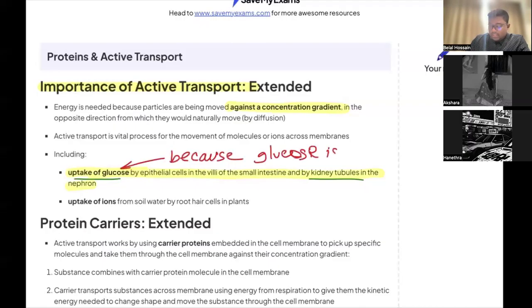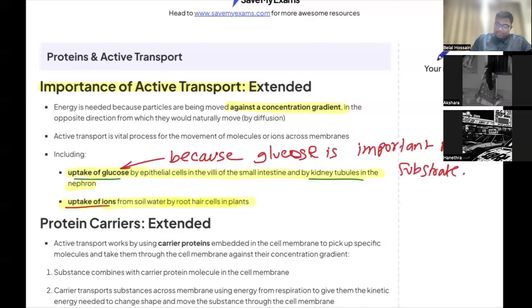So if we have eaten some glucose, we must get it in our blood, regardless of how much glucose we already have in our blood. So that's why it is sometimes taken in by active transport, but most of the time it is taken in by diffusion.